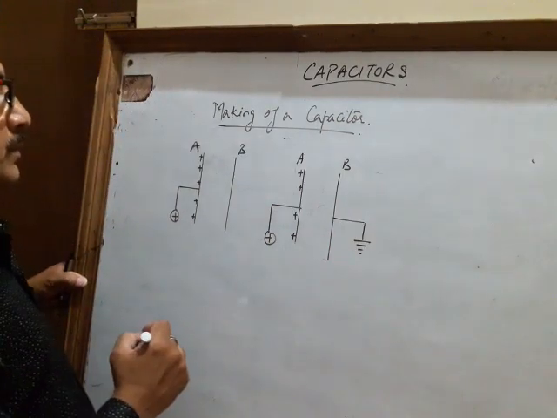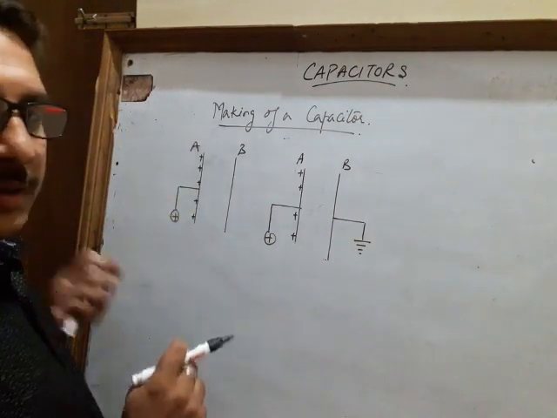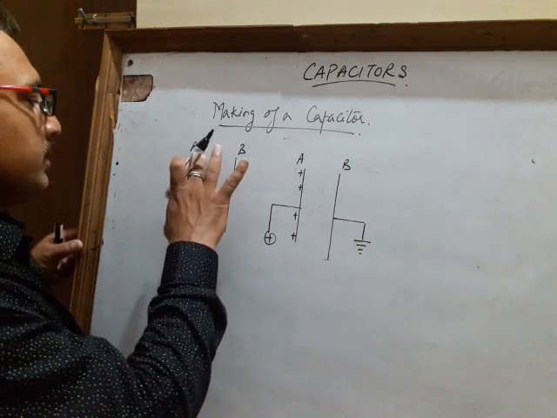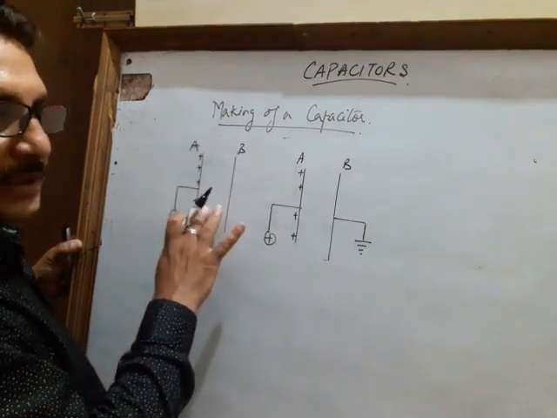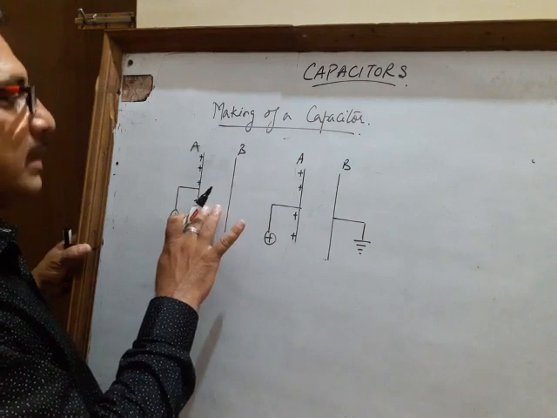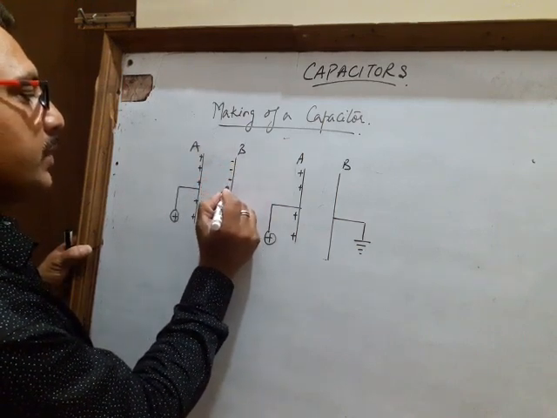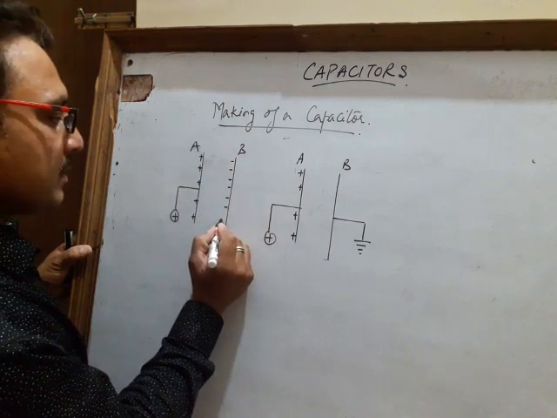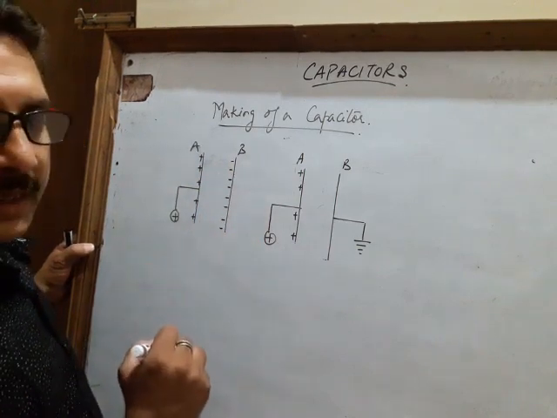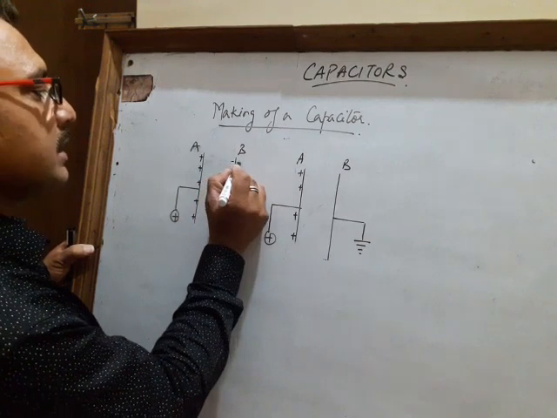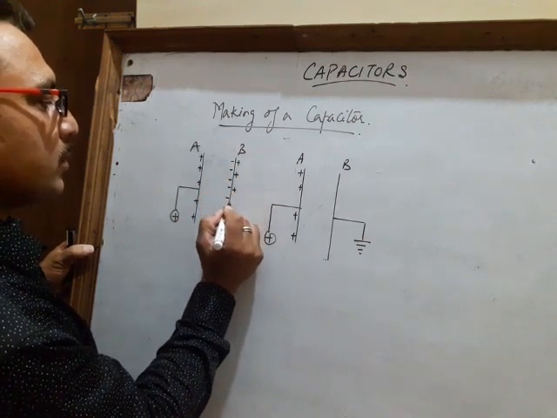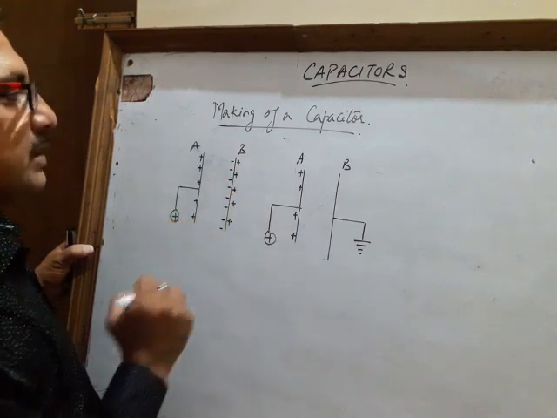Okay. Now we talk about the first figure. This plate A is positively charged, so by induction the inner surface of plate B acquires equal amount of negative charge, while its outside surface acquires an equal amount of positive charge.